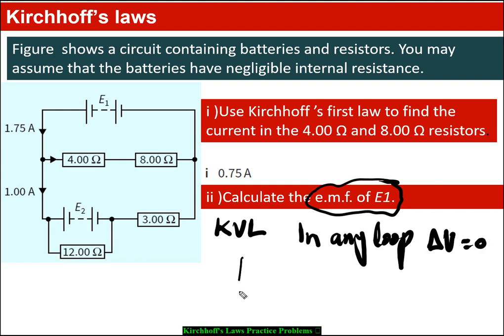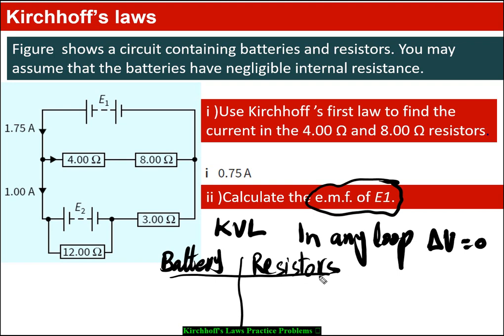Before we apply this rule, we need to understand some basic conventions for a battery and also for other consumers of electricity, or simply we can call them resistors. For a battery, we can use a very simple convention.